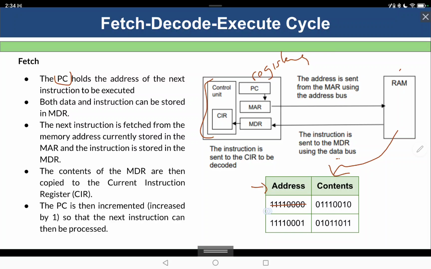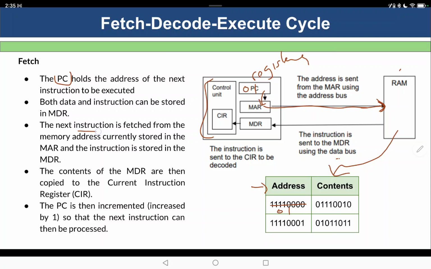So let's assume that this address is 01. The address will be stored in the PC, and then the address will be copied to the MAR, which is then sent to the RAM. The control unit sends a signal for the data to be obtained from RAM.